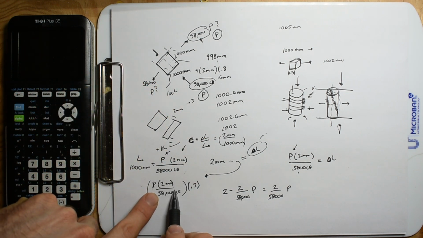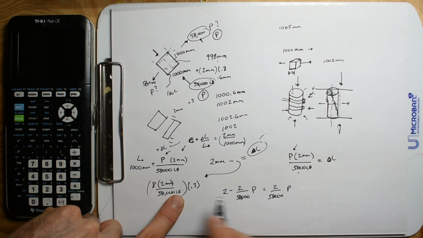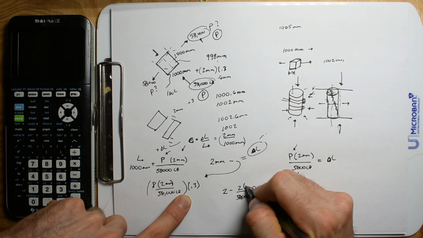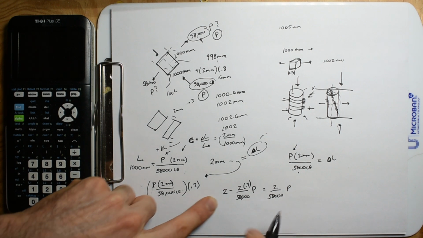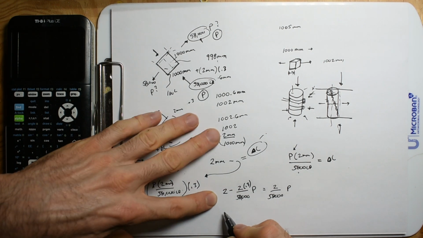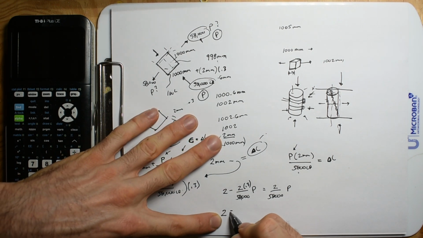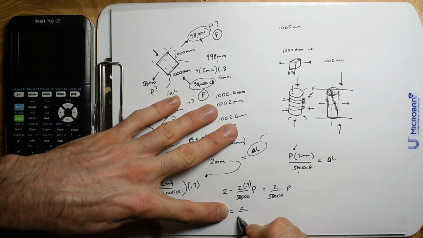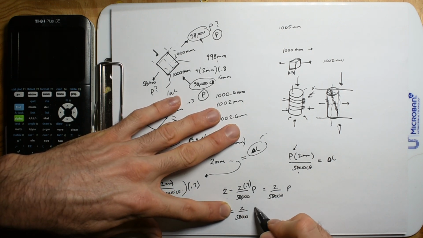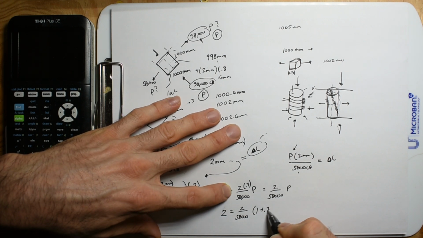Oh no, we're right. So yeah, this is 0.3. Sorry about that. So this is 2 times 0.3. Now when we get this to the other side, we're going to have 2 equal to, we can factor out the 58,000 and the 2. And over here, we're going to have 1 plus 0.3.